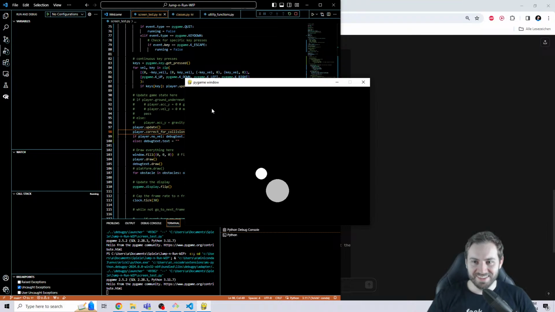What's happening? Come on, gravity, do your thing. I really need to fix the movement controls here. Bounces and it kind of stays on the surface.